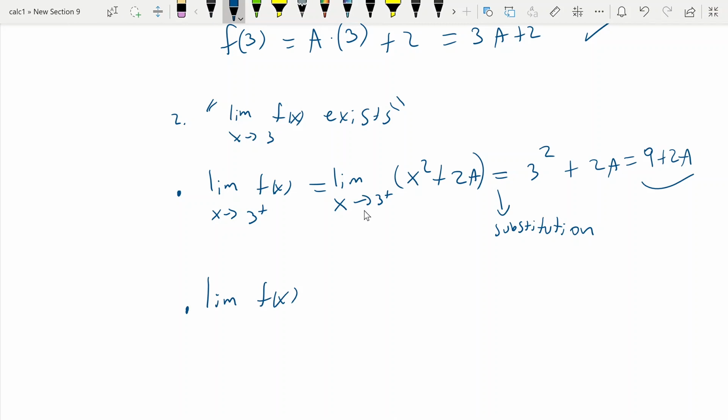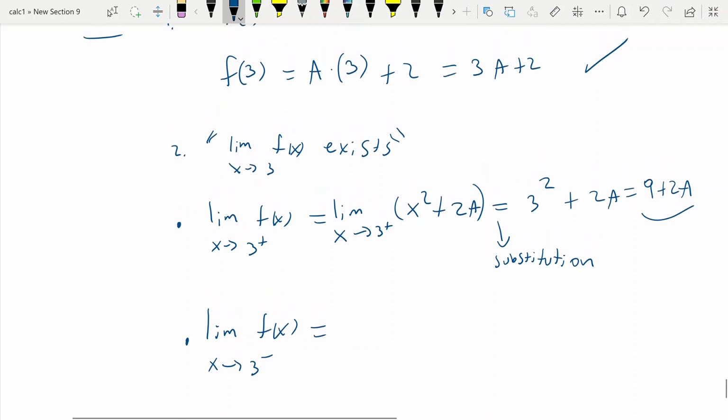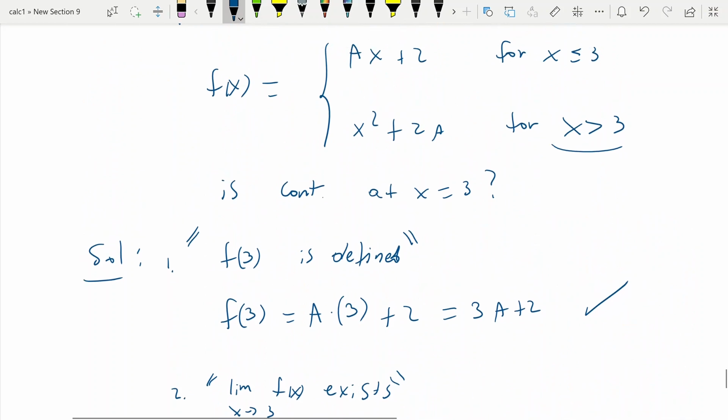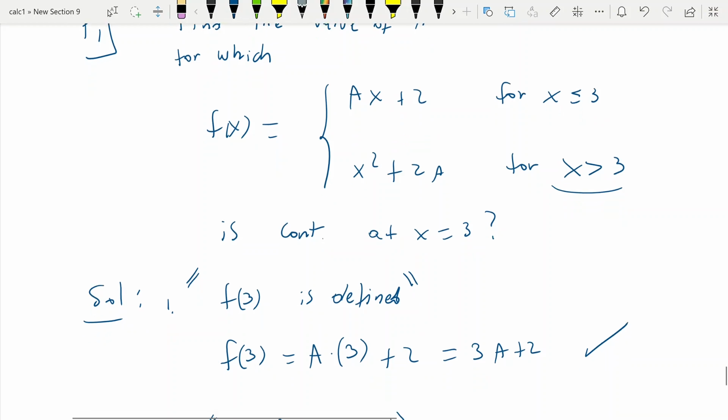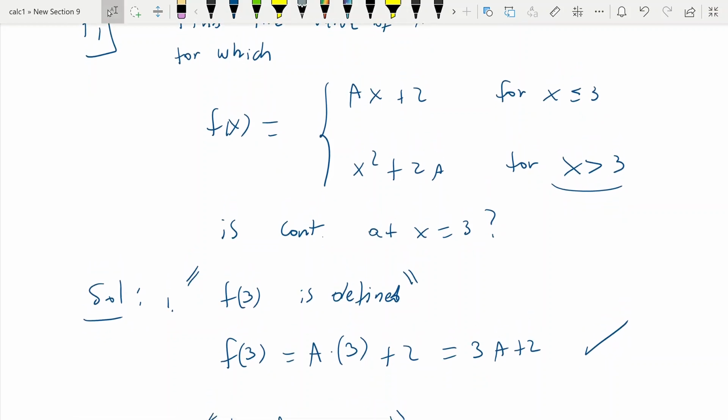Now we also need to compute the left-hand limit, the limit of f of x as x approaches 3 from the left. Here, if x is less than 3, then it takes on this form. And we're approaching 3 from the left, meaning from the side where values of x are smaller than 3.